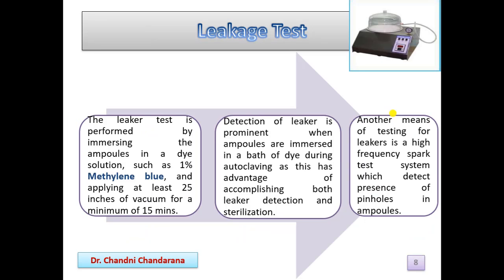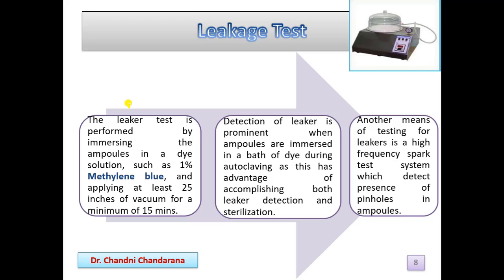Now we will see the leakage test, another name for which is the leaker test. This is the instrument, a digital instrument used to apply the vacuum. Why is there a need to perform this test?